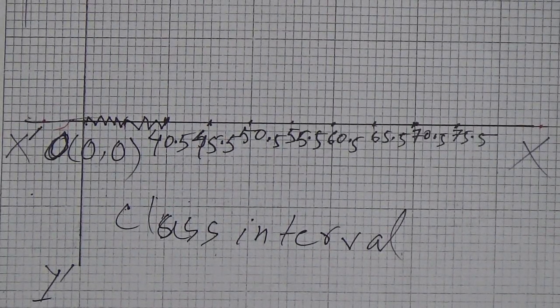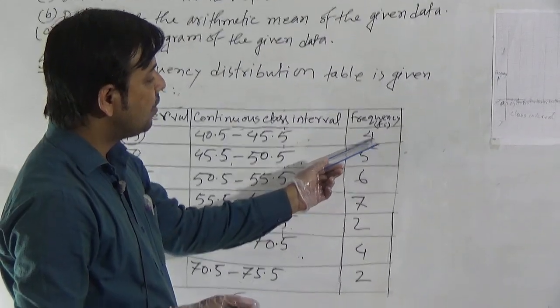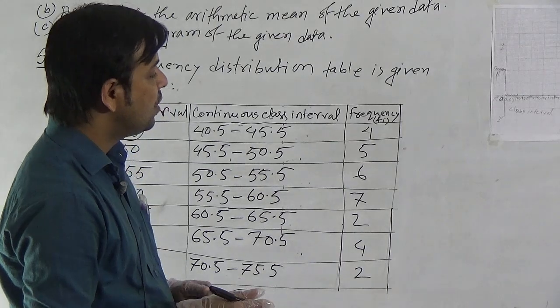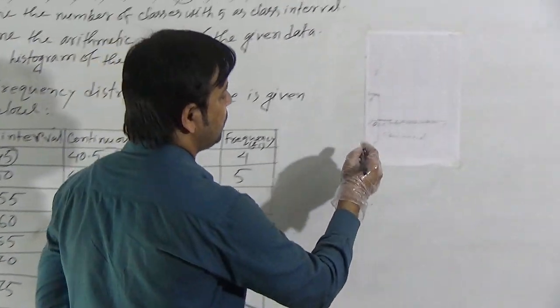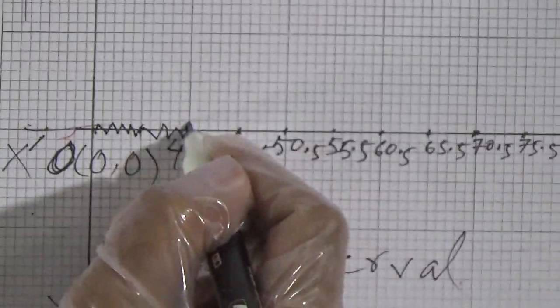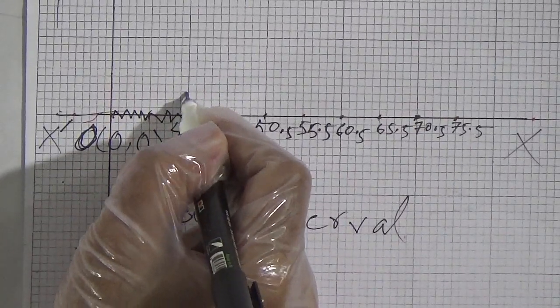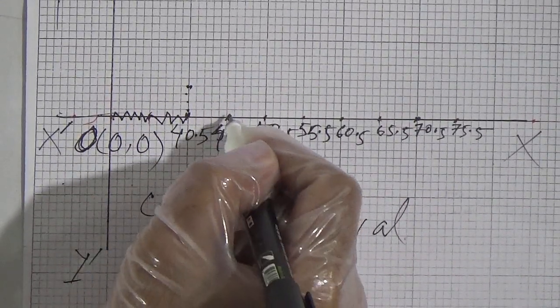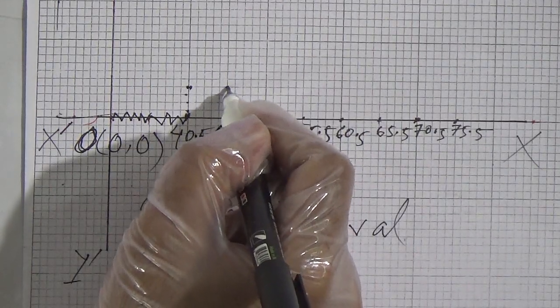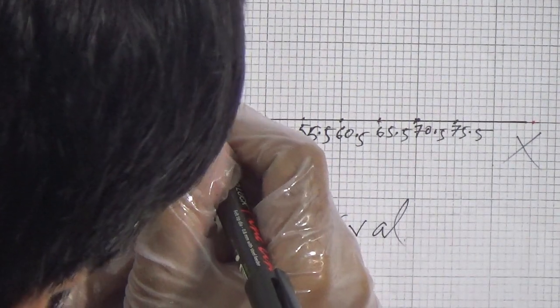Okay, now let us draw the histogram. For the first class, I have shown the class interval, and now the frequency is 4. So we have to move 4 smallest squares above along y-axis. 1, 2, 3, 4. So we have to move up to this. So we can draw a rectangle here.